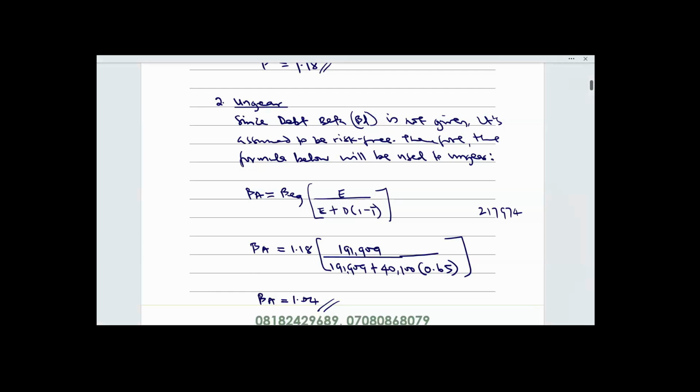Then the numerator, which is 191,909, divided by 217,974, then multiply by 1.18, equals 1.03889, so that's what gave us 1.04.